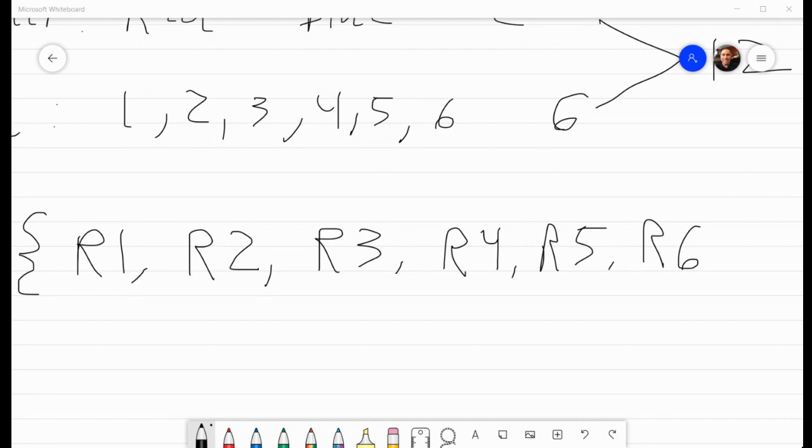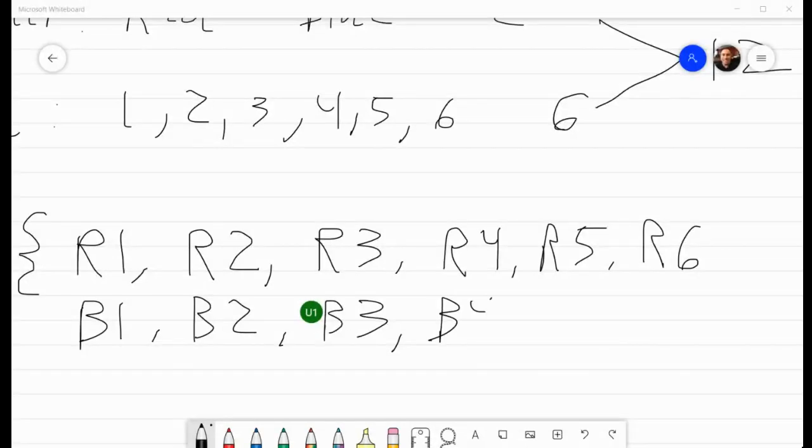We have blue 1, blue 2, blue 3, blue 4, blue 5, and blue 6. So we listed all the outcomes of the sample space.